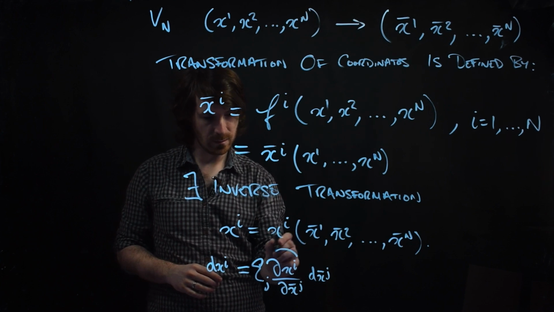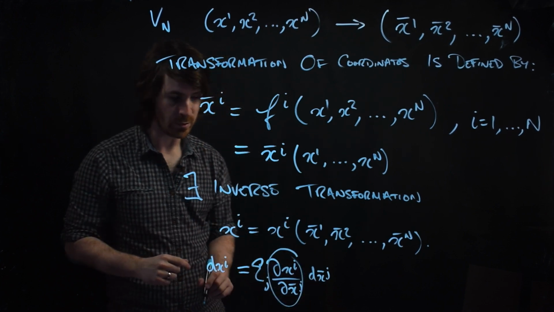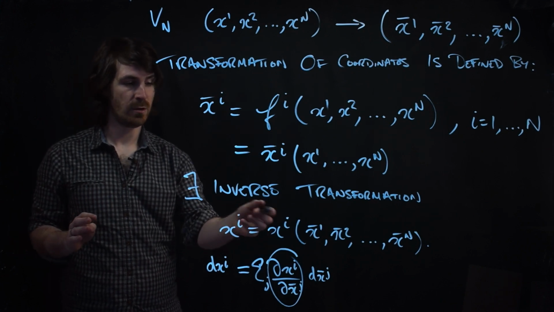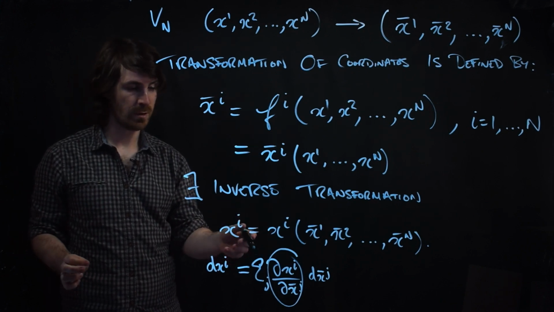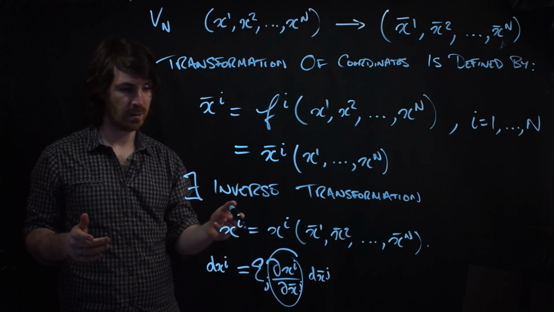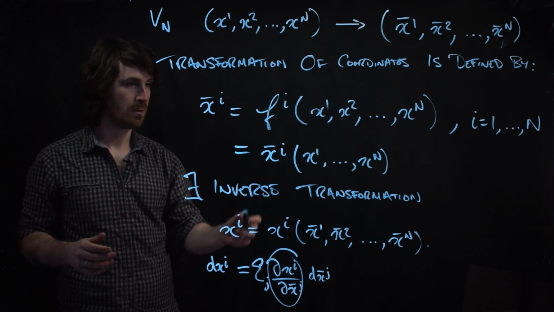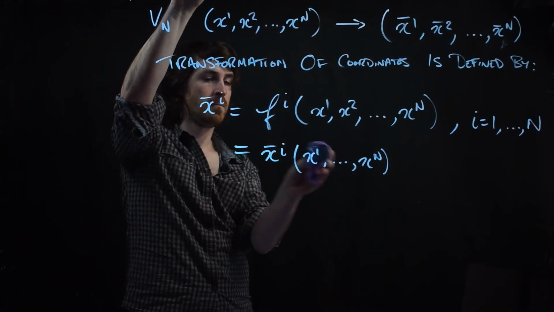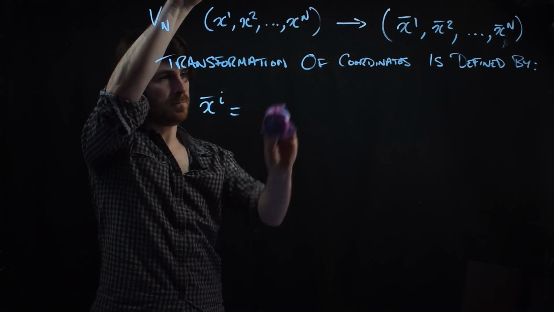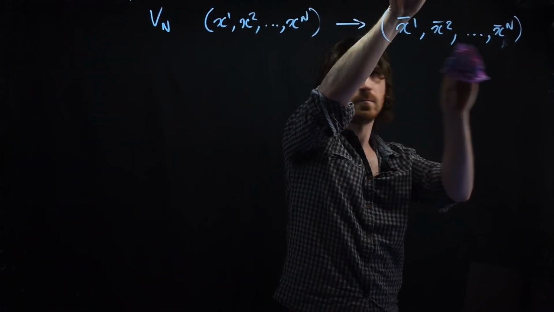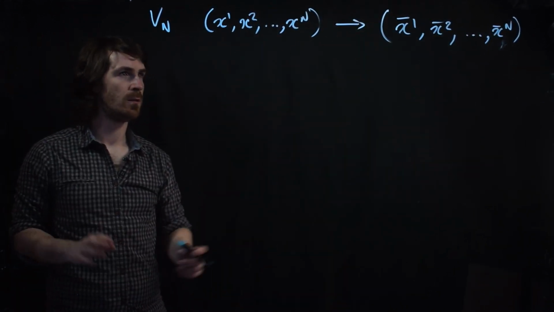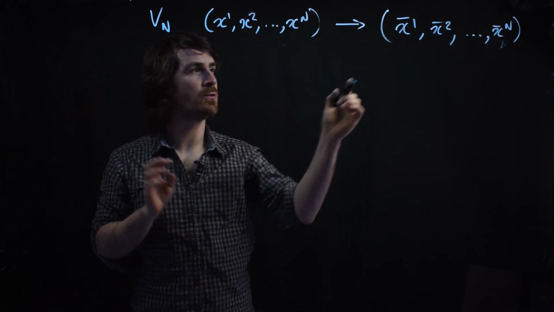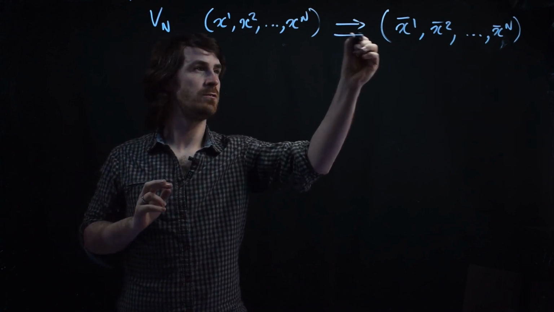And this quantity will be important to us. It turns out that the inverse transformation only exists if what is called the Jacobian is non-zero. Okay, so we'll write the Jacobian now. We're thinking about transformations from this unbarred coordinate system to the barred coordinate system, and also the inverse.